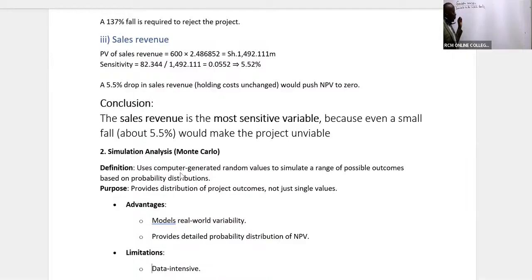Remember, we are using what this examiner has called computer-generated random numbers. And this is where we begin today's simulation class. I would want us to take exercises straight away to understand how these random numbers work.